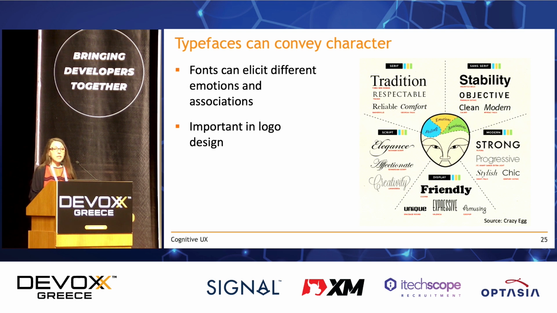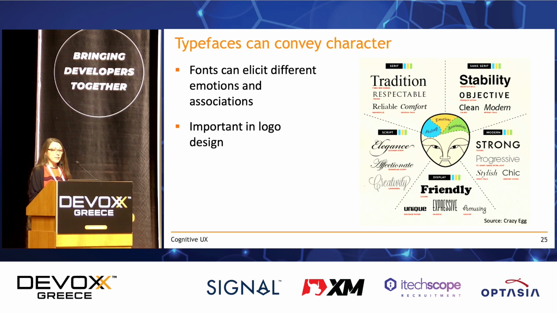Fonts also transfer to users a wide range of associations and emotions, and we need to choose them appropriately to establish the correct priming. The suggestions they communicate are particularly important in logo design, logotypes, right, for brands and products. For example, serif fonts are often associated with tradition, reliability, respectability. So, for example, the New York Times, Vogue, Rolex.